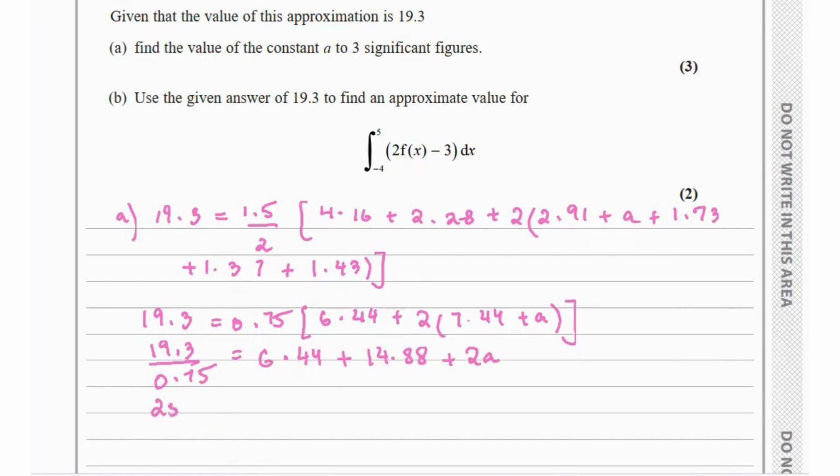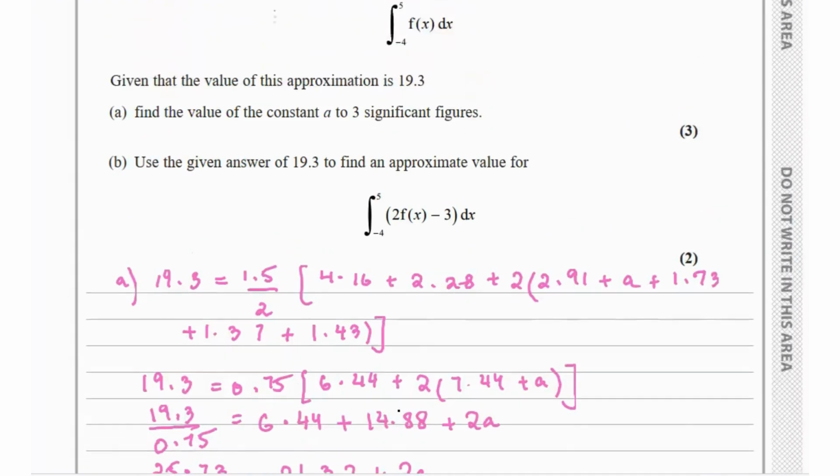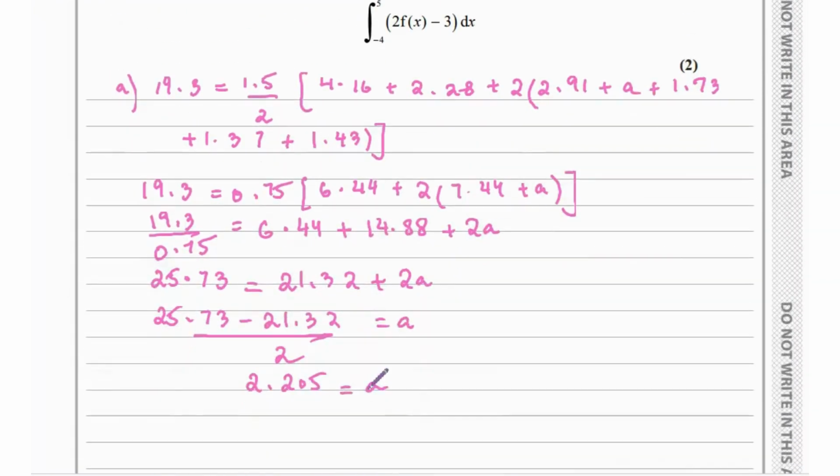Then that's 25.73 equals 21.32 plus 2a, which is 25.73 minus 21.32 divided by 2, and that gives us a value of 2.205. They want the answer correct to three significant figures, so three significant figures is going to be 2.21. That's your answer.